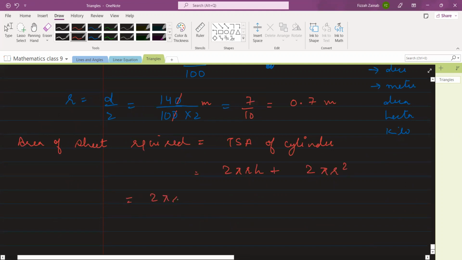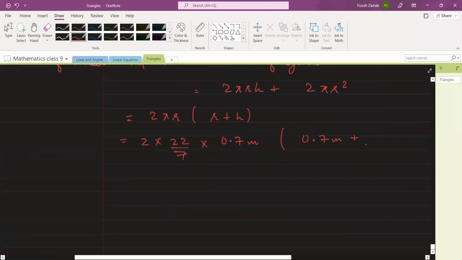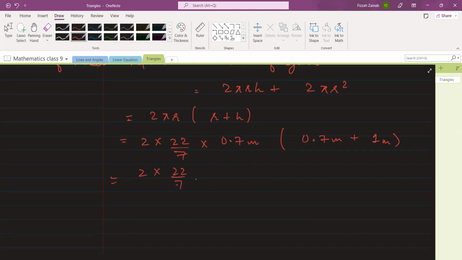So 2 pi r you can take common, it will become r plus h. So 2 into 22 by 7 into radius 0.7 meters, then 0.7 meter plus height, which was 1 meter. So this will be 1.7 meter.